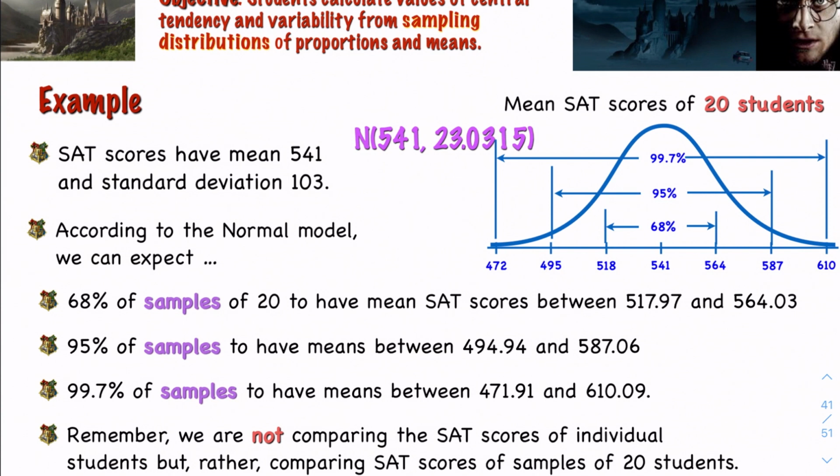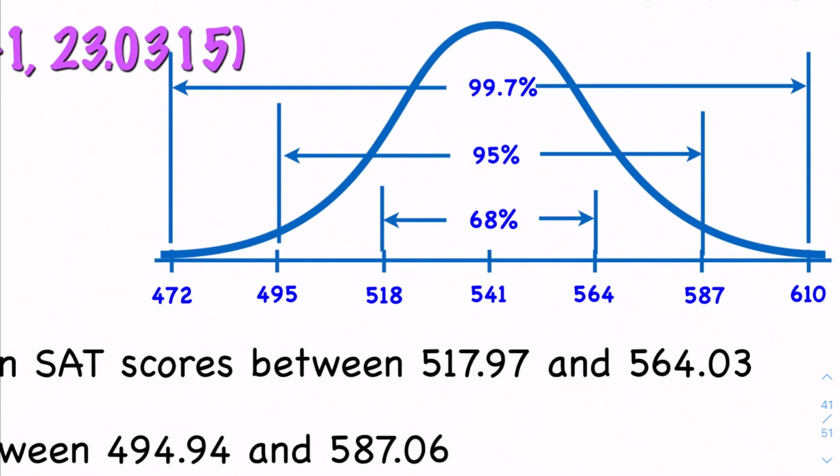So let's take a look at that. If we were sampling classrooms of 20 students, we would expect the average score of the room of 20 to be between 518 and 564, 68% of the time.